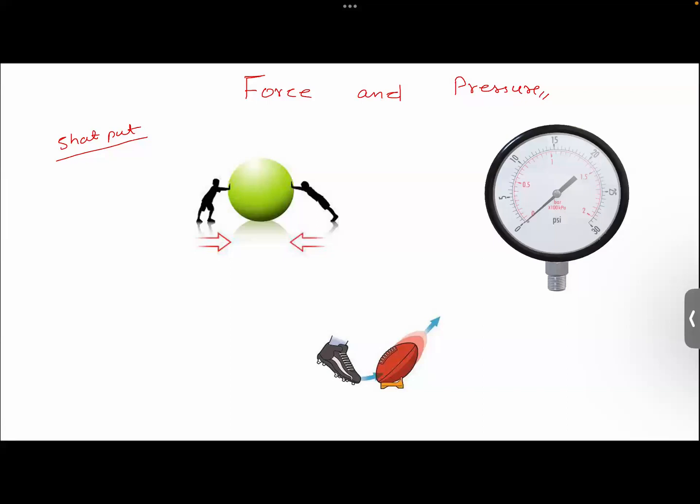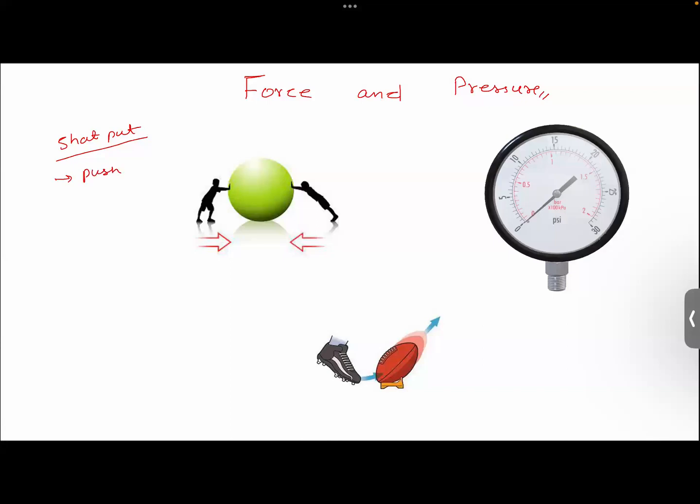So whenever a very heavy ball is being thrown in a shot put contest, what type of force is being applied? The person needs to push the ball very hard, right? So we say that the athlete applies a large force to the ball to make it move through a large distance, right? So a force of push is applied, right?